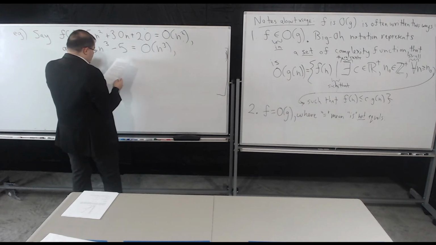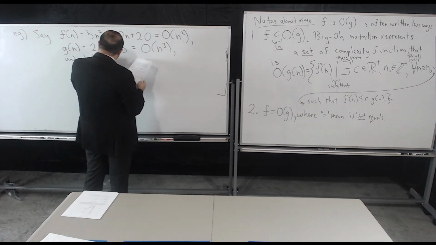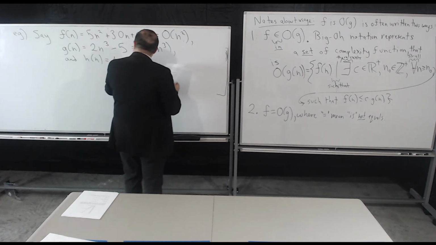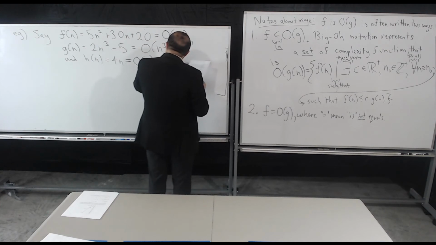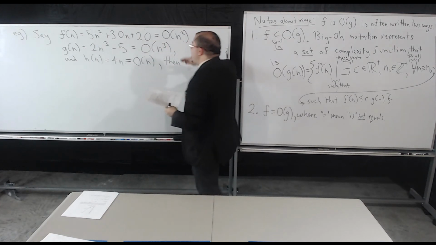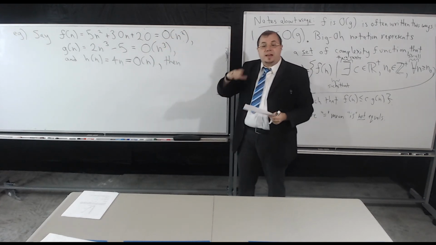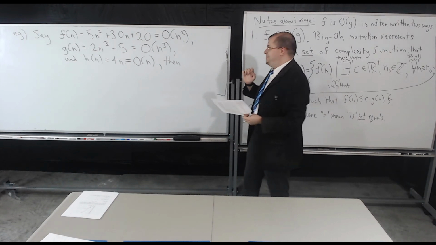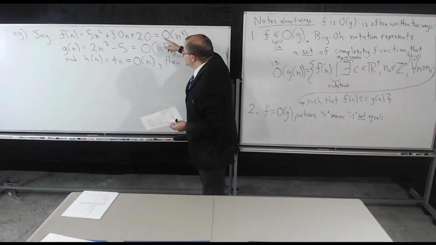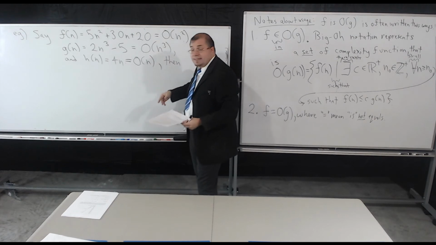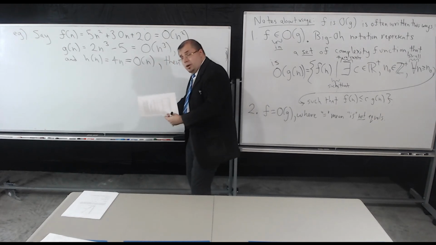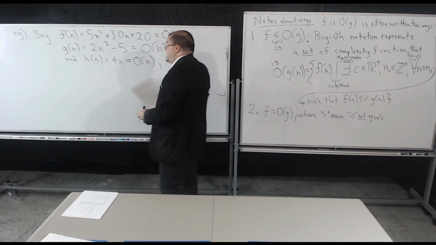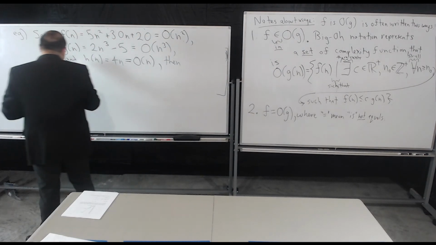And h of n, I'm just going to take to be 4n, which is just big O of n. The way I want you to imagine this, each of these functions represents a subroutine of your algorithm. If I do this analysis for each subroutine, I can then perform my calculations much more easily.